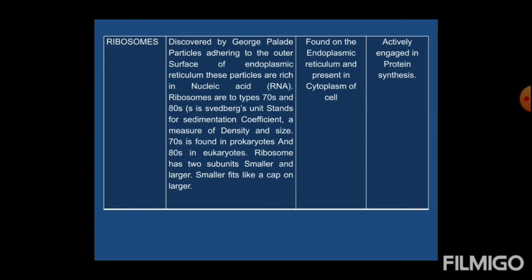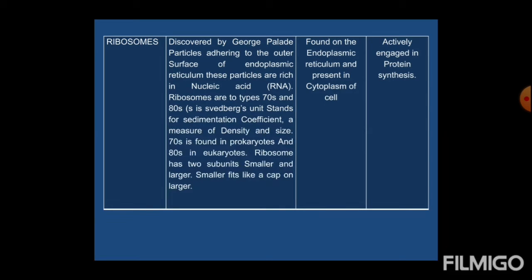How ribosomes help in protein synthesis, you will understand in class 12th, in the topic translation. Meanwhile, just focus on the point that they have a unit known as Svedberg's unit.